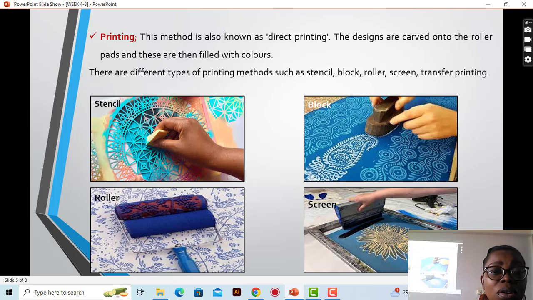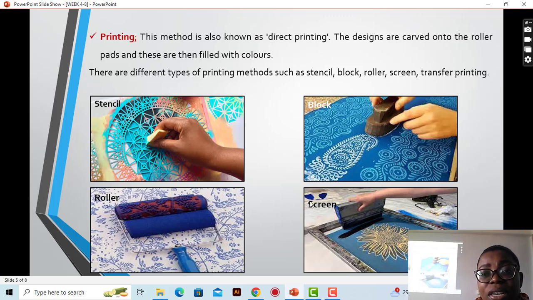Or you can also buy the plain one and put your own design on it if you think you'll be comfortable with that, and your designs will be very intricate and sharp, because if it is a straight line, it has to be sharp like that. So you roll your roller in the fabric ink or paint that you want to use, and then you roll it over your fabric to print the design for you. As you can see, the design has been transferred onto the fabric below in this picture.